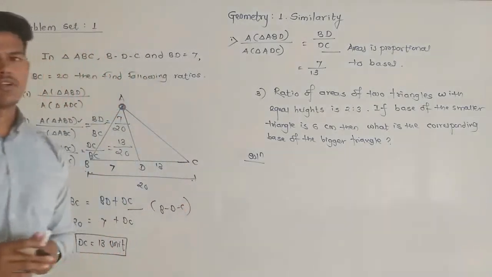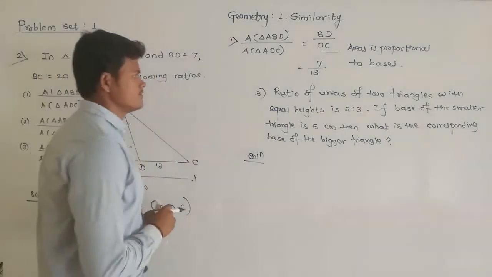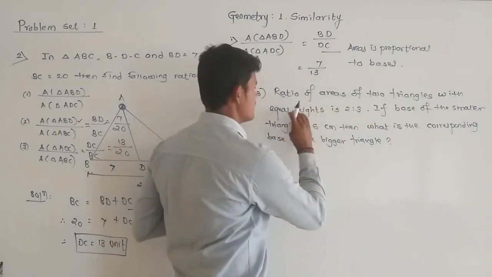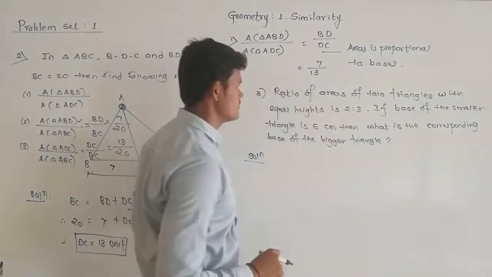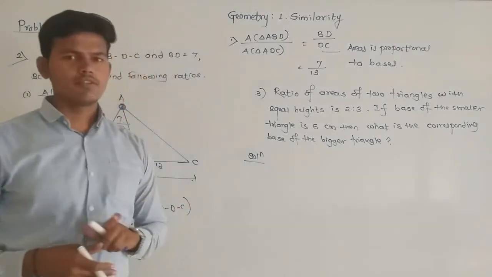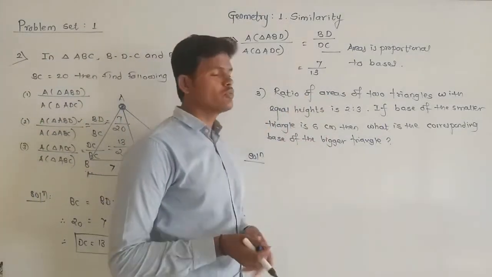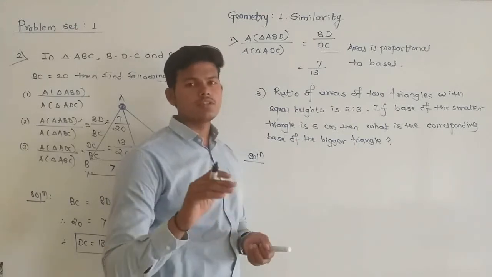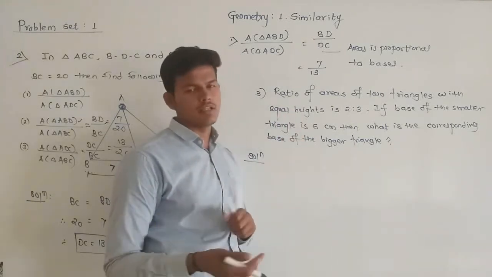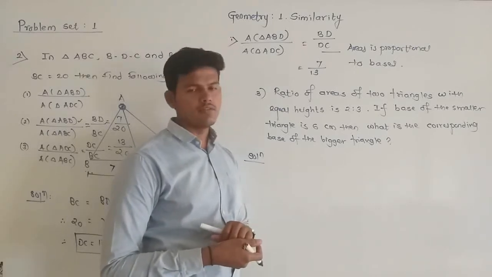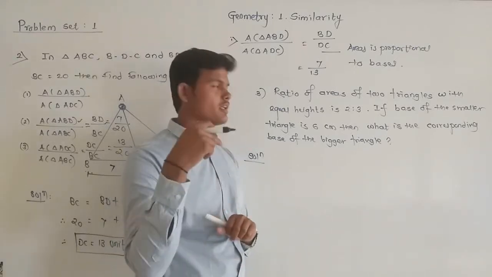Now, question number three: ratio of areas of two triangles with equal heights is 2:3. Similar questions from practice set 1.4 give the ratio of areas of two triangles, but both the triangles are similar. And if two triangles are similar and their ratios are given, then we use the theorem of areas of similar triangles.